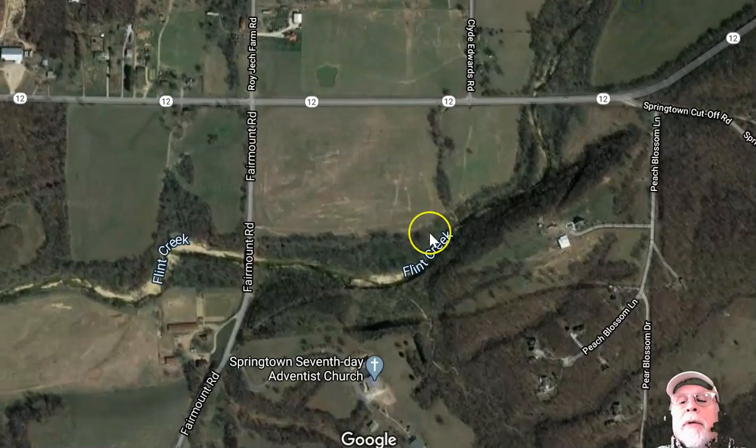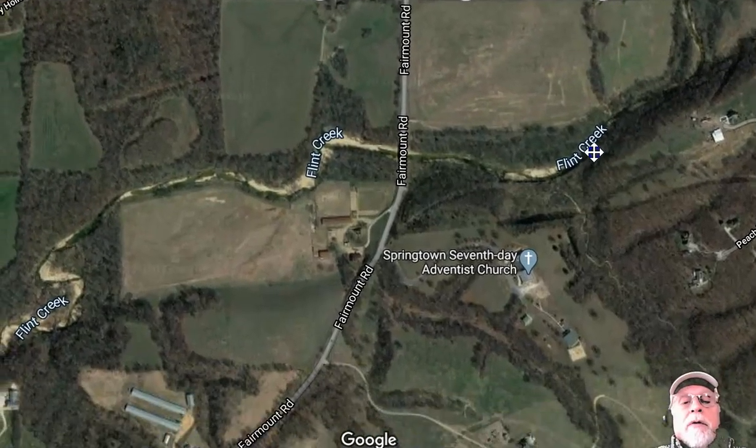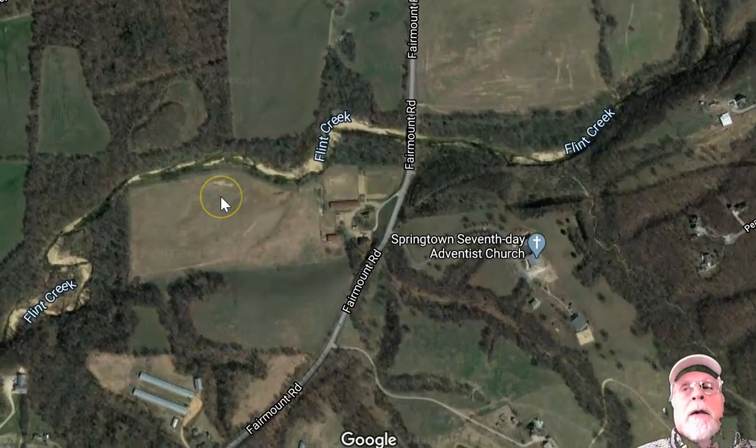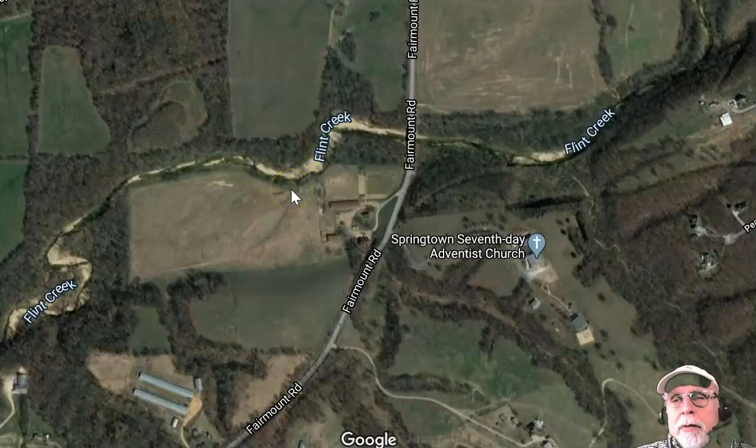You can't really farm that. But also it's important to the stream. One of the best management practices to protect streams and protect against runoff and loads into streams is riparian zone buffers, where you can't do anything in the buffer.